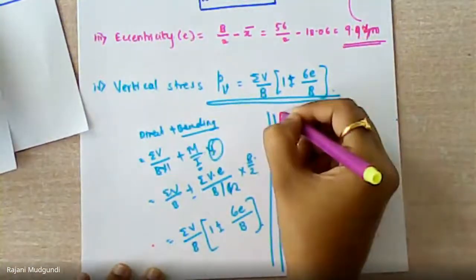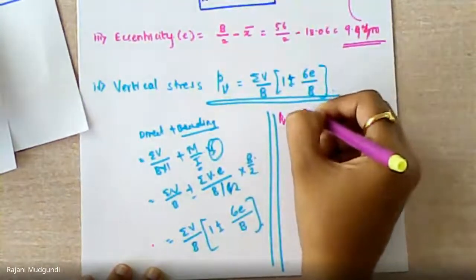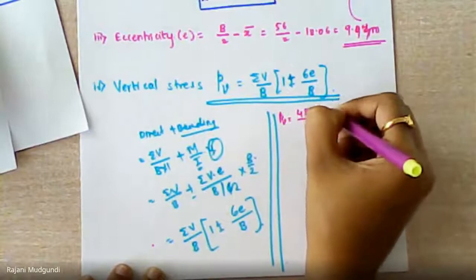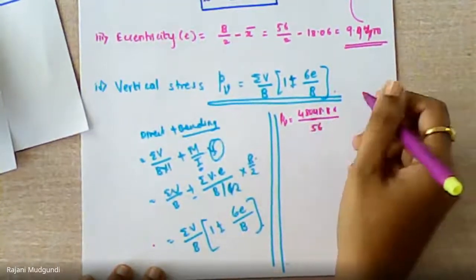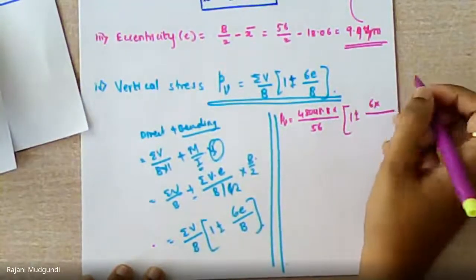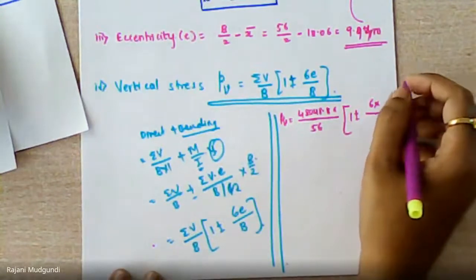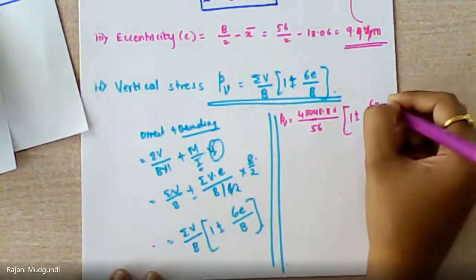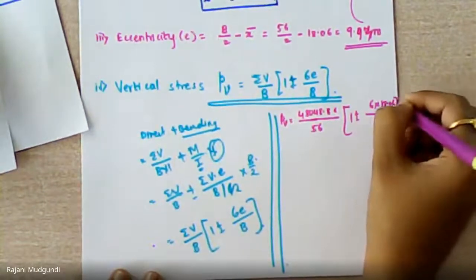Say PV is equal to summation V, 43048.86, divided by base width, which is 56 meters, into 1 plus or minus 6 into eccentricity, which is 18.06, divided by, again B is 56.